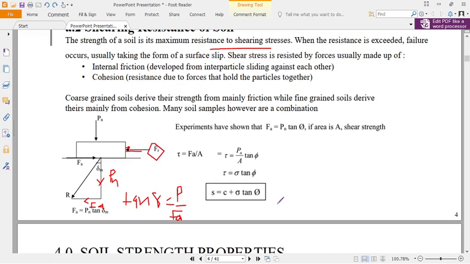Remember, I said our shearing resistance or shearing stress is equal to C, the cohesion, plus the normal stress times tan theta. Okay.